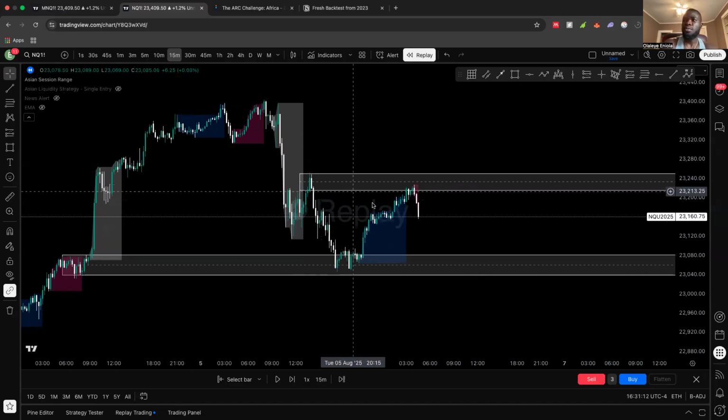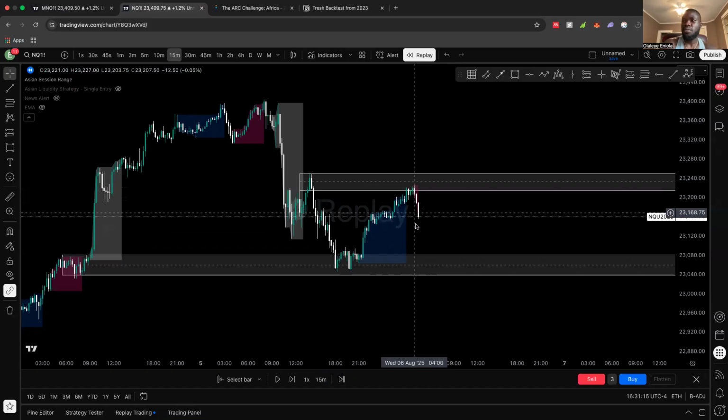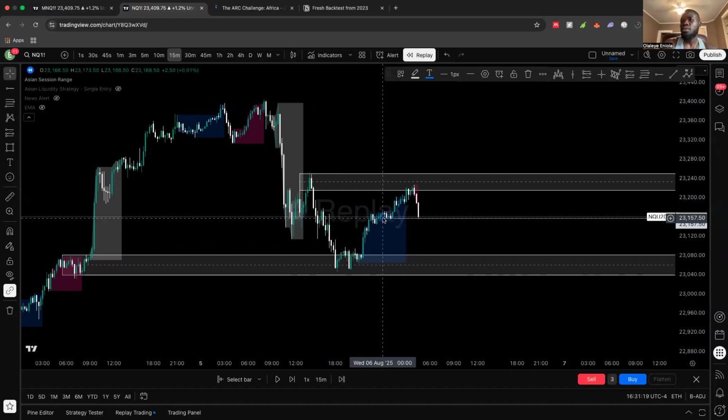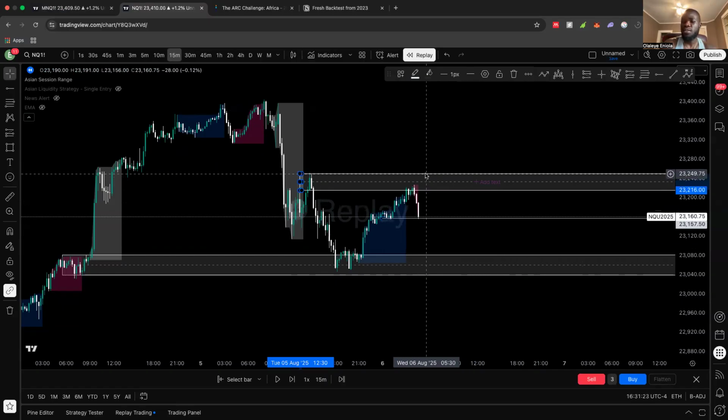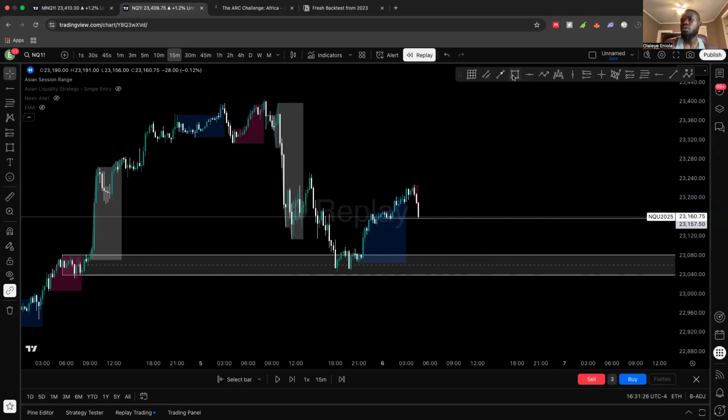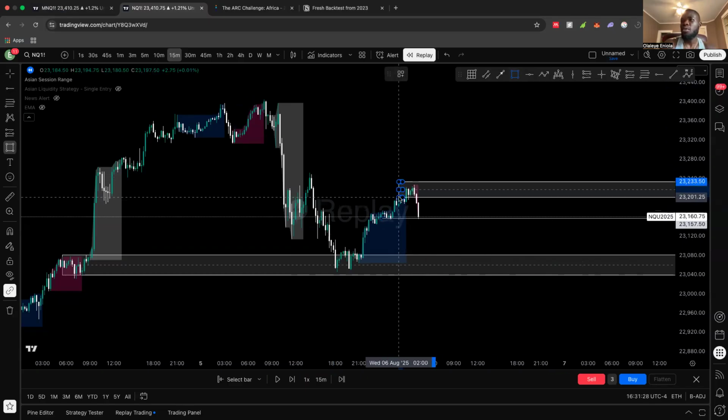So when we came into this supply zone, look at what happened. The market dumped and we pushed out. We broke a structure down here. So when we broke the structure, my assumption was, okay, we are going to find a retest of this broken structure and just come and sell. And that was what I did.